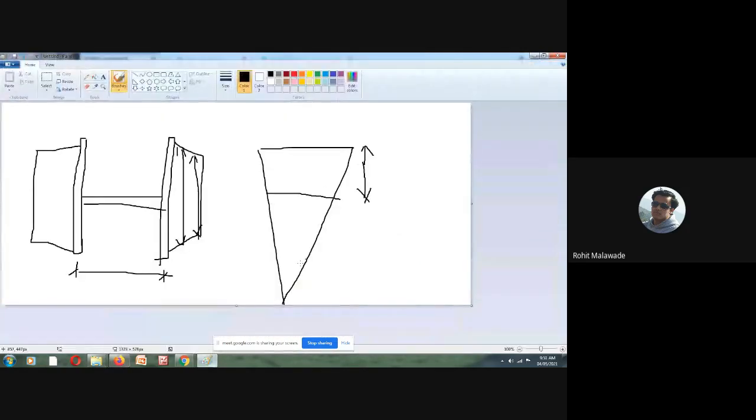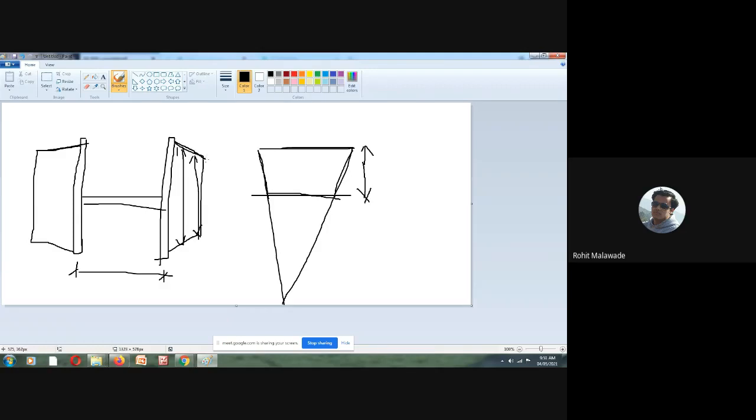I think you have seen an ice cream cone, right? Now, if we cut this particular portion here, you are going to get the tapered portion. In the rail wheel also, we use a similar tapered portion on our wheels.